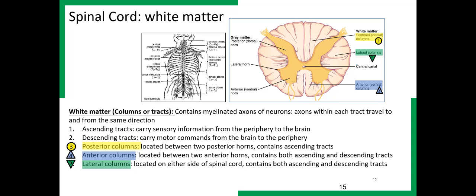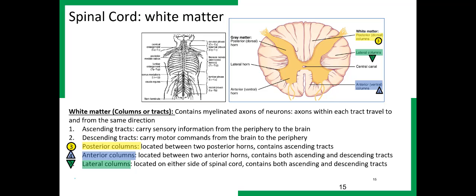When we look at the white matter, if you compare it to the brain, you can see that it's opposite, right? In the spinal cord, the white matter is on the outside and the gray matter is on the inside. In the brain, the gray matter is on the outside and the white matter is on the inside. But I digress.